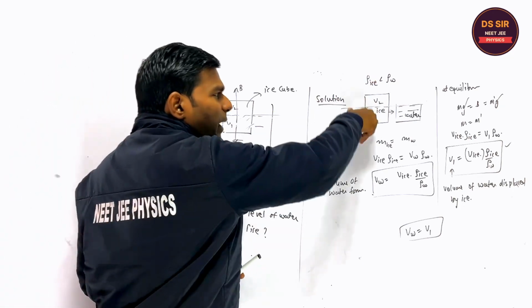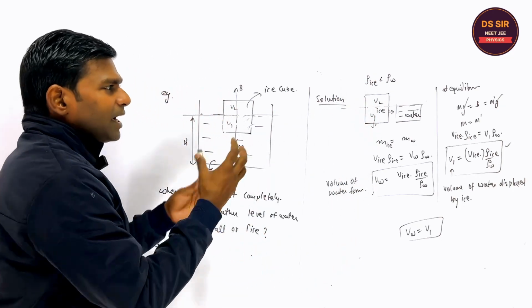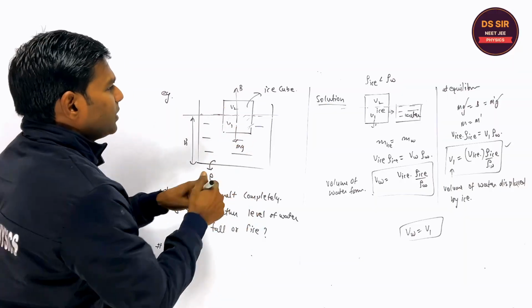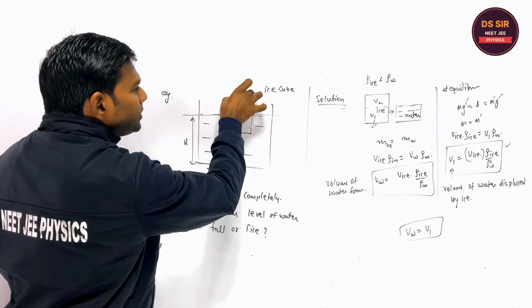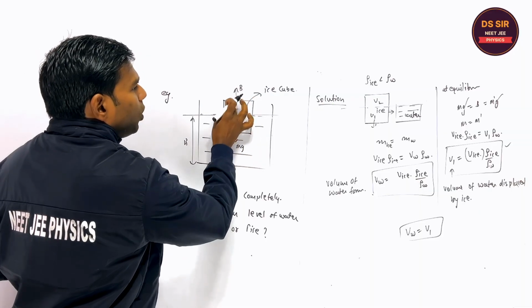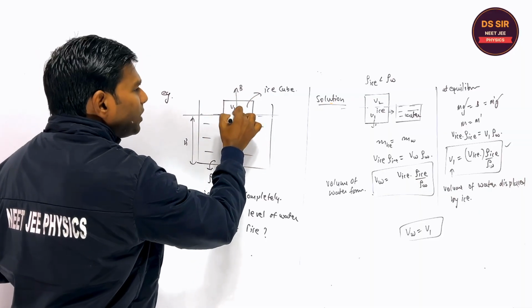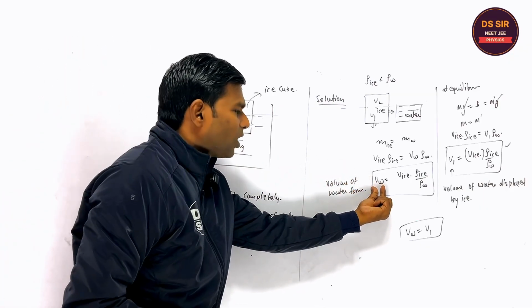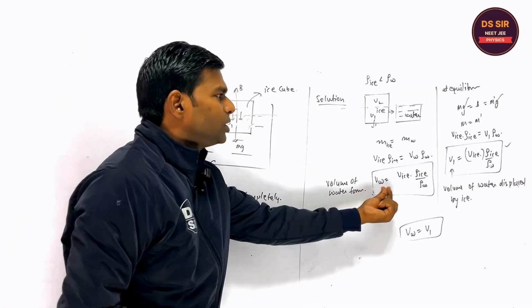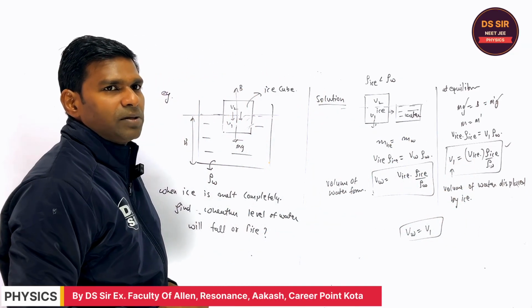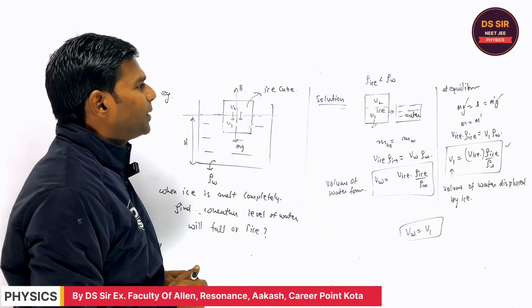When the ice melts and water is formed, the volume compacts, so all this volume is combined with this volume only. All the water will come into this V1 volume, because the water volume formed is equal to the volume of the water displaced.